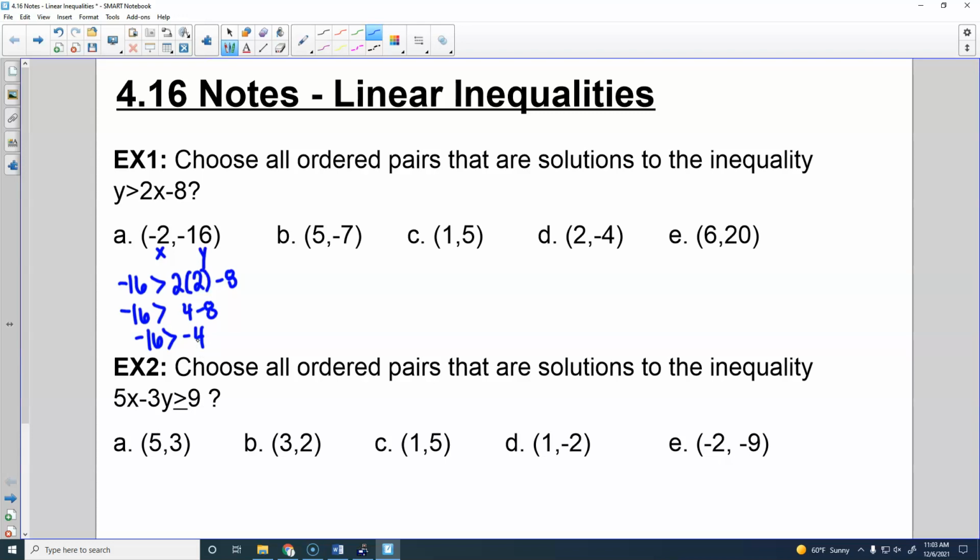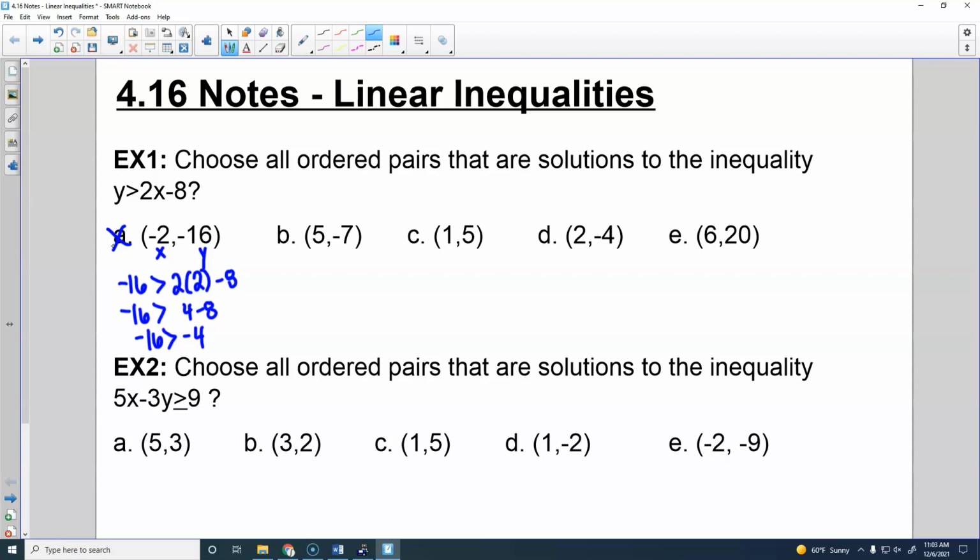If it were an equal sign, it would have to match the y. But in this case, we have a greater than sign. Is it true that -16 is greater than -4? No, it's not. So this is not an answer. But if that was true, it would be an answer. It just depends on whether it's actually greater than or less than. -16 is less than -4, so that's not an answer choice.